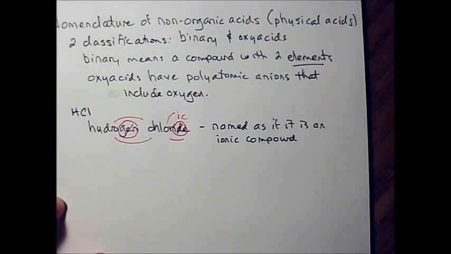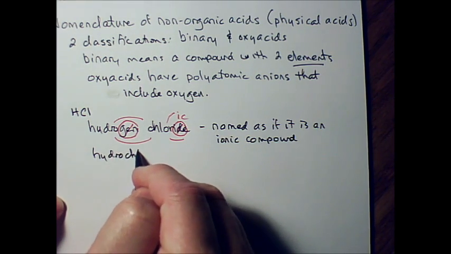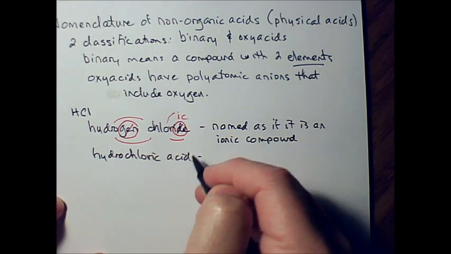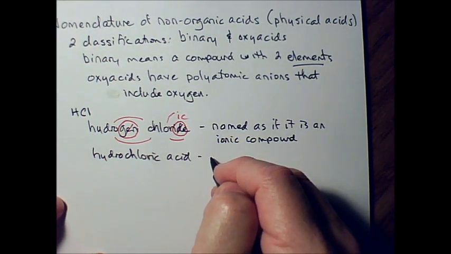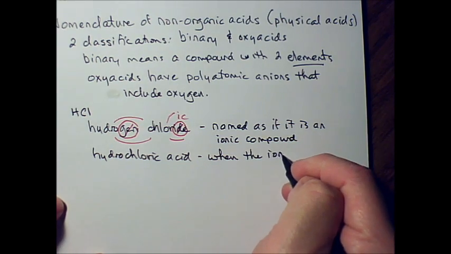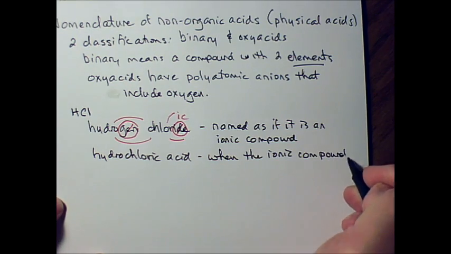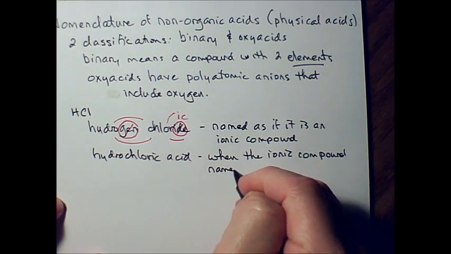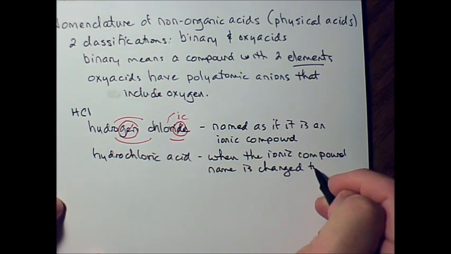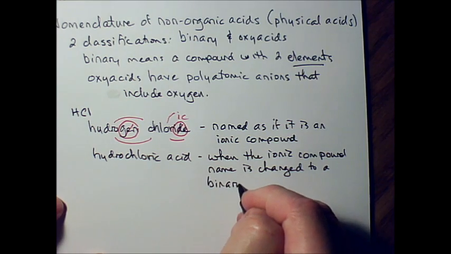So then it becomes hydrochloric acid. And that's how the ionic compound name is changed to a binary acid name.